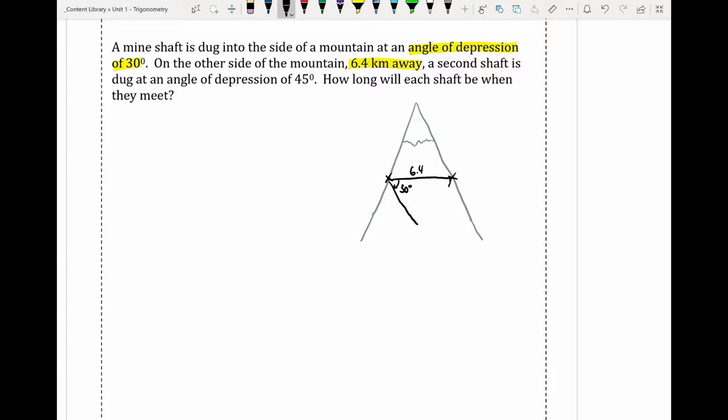That means this one would cut down 45 degrees. I want to know how long each shaft will be when they meet. Basically, I want to figure out what is all this A and all this B.